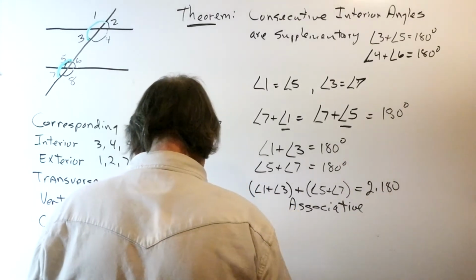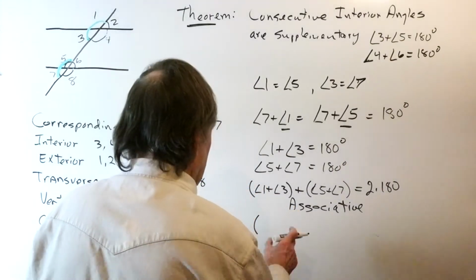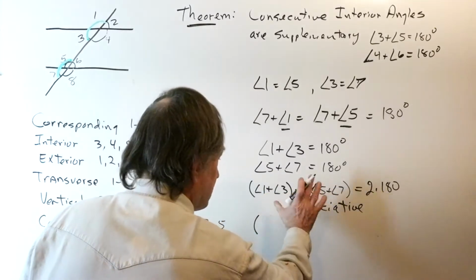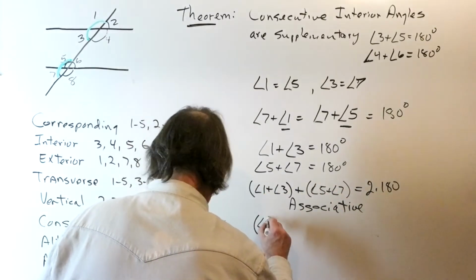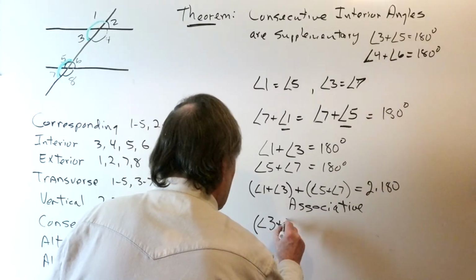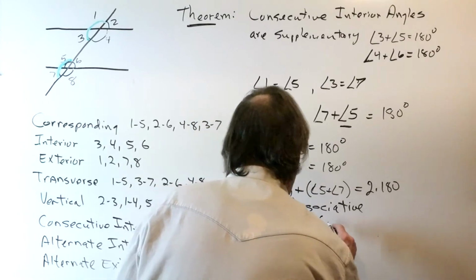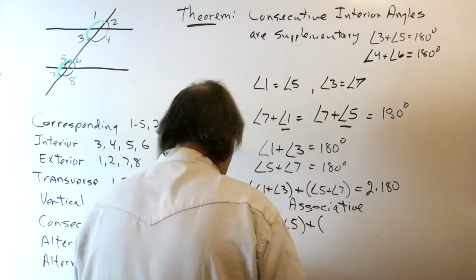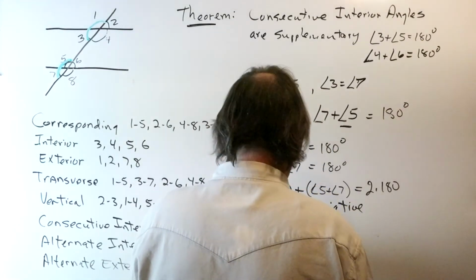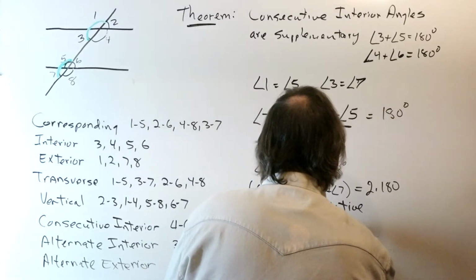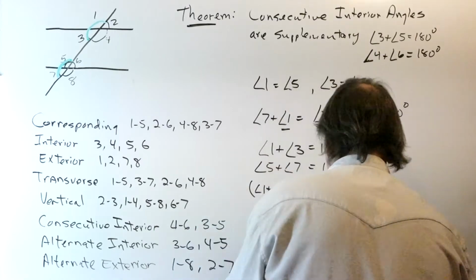I am going to associate angle 3 to angle 5 and angle 1 to angle 7. So I'm just going to mix the sum around. So I've got angle 3 plus angle 5 plus angle 1 and angle 7.